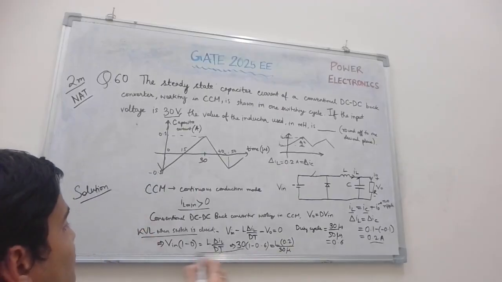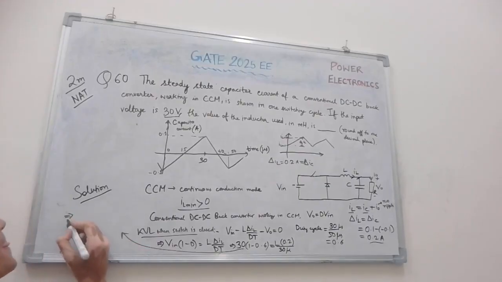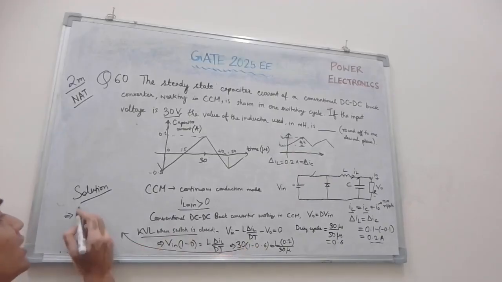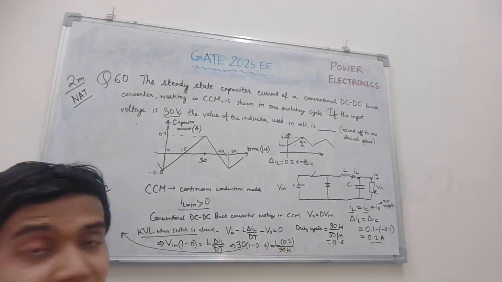Let's solve it here. 30 into 0.4 is 12. Delta IL is 0.2, over 30 microseconds.